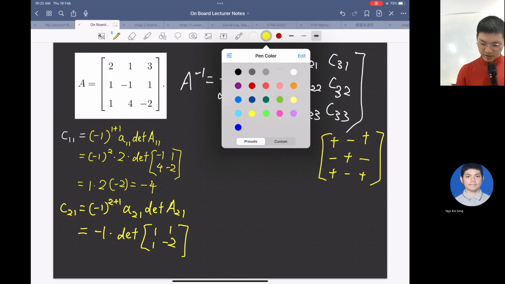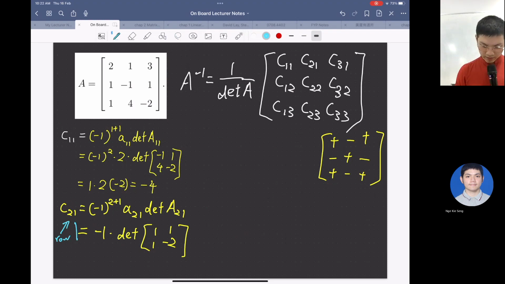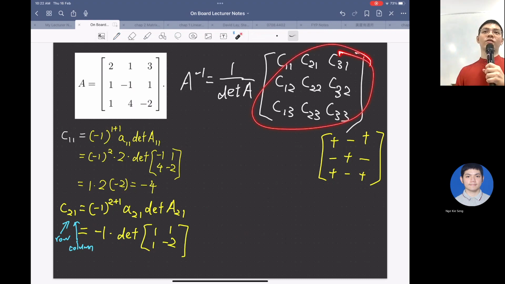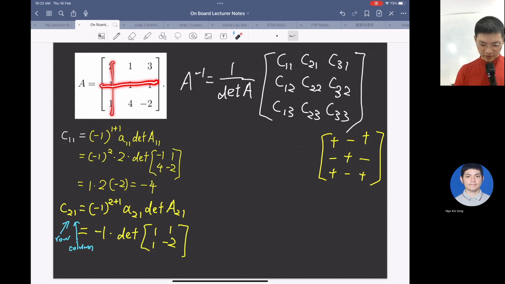Let me make it clear. This is the row and this is the column, because if you swap them, you will get the transpose, which is wrong. The first subscript refers to the row and the second refers to the column. So it's the second row, first column. We remove the second row and first column, so this one is 1, 3, and 4.